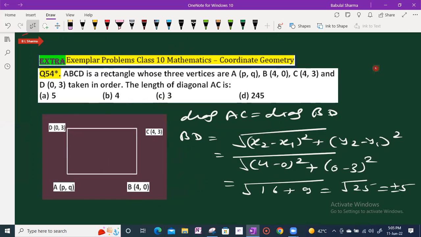But distance is taken only positive, that is 5.